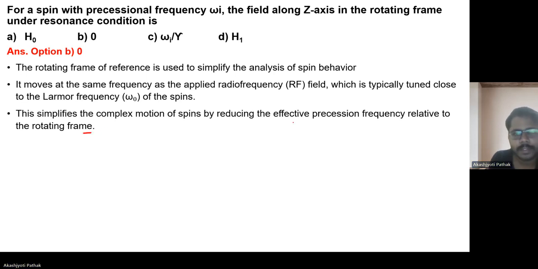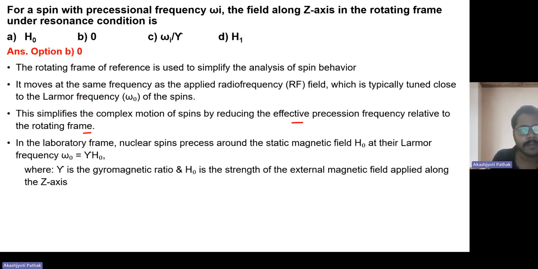So everything now becomes relative to my rotating frame. In the laboratory frame, the nuclear spins trace around the static magnetic field H naught at their Larmor frequency omega naught, where omega naught is equal to the gyromagnetic ratio gamma times H naught.